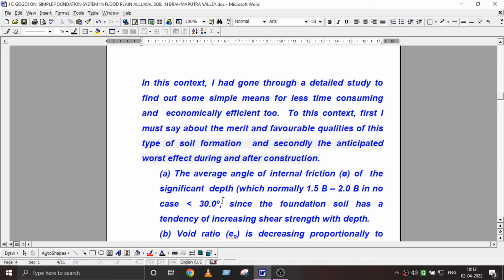Further, the North Bank sandy soil, which is normally encountered below 1 meter and extends up to say 25 or 30 meters, has a tendency of increasing shear strength with depth. This is the basic reason: the soil is pervious.